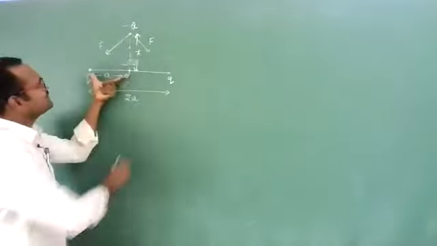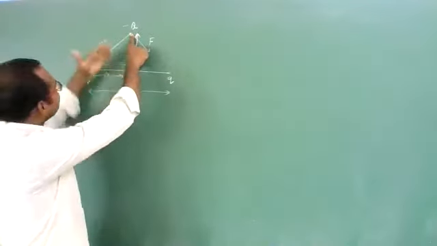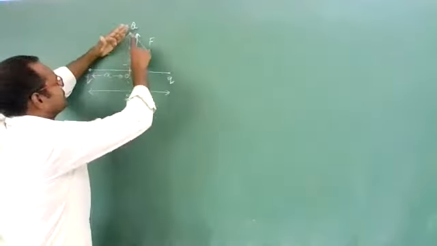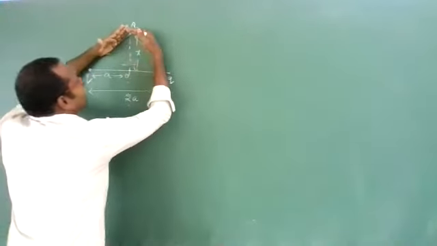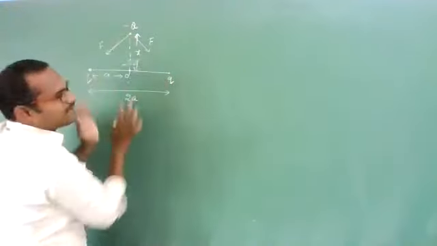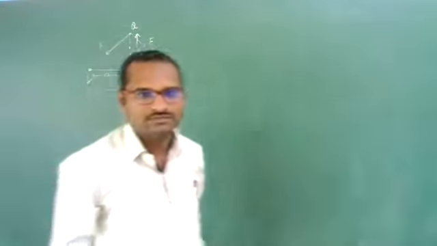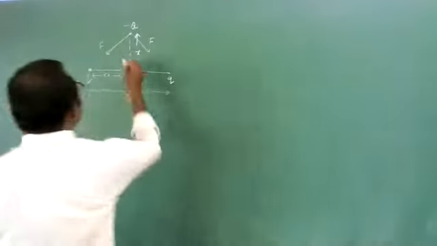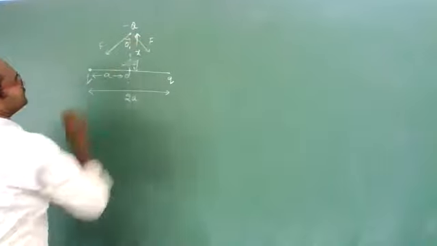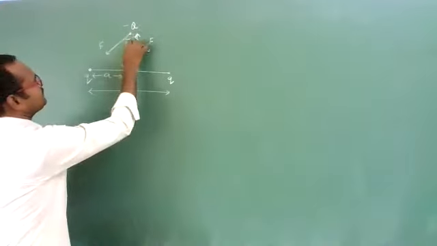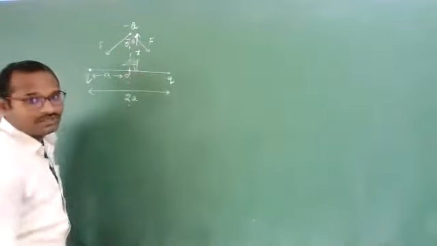Because this distance and this distance are equal, here a, here x, here a, here x. If distances are equal and magnitudes of charges are equal, then the force must be equal. That's why I have written F. Clear, students? Now let us call this theta. This is also theta, as the distances are equal.